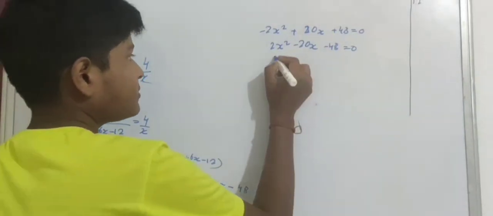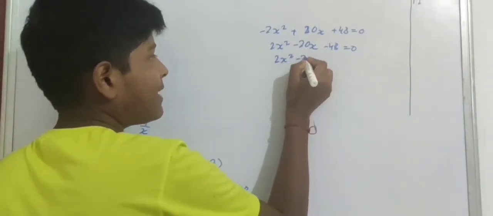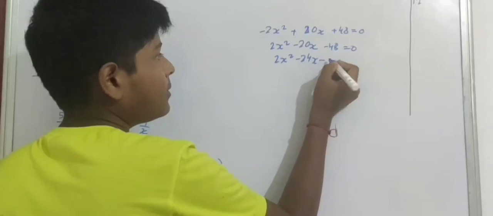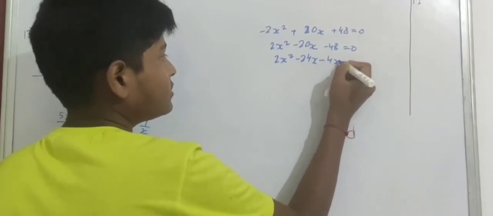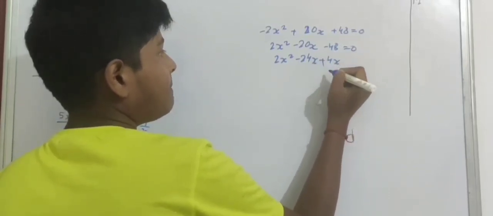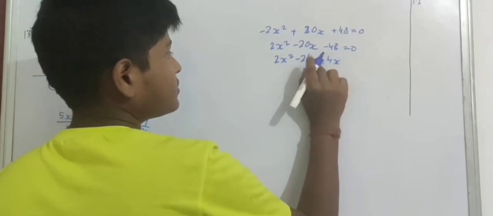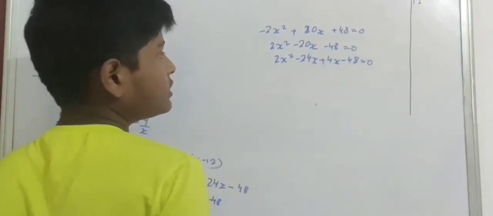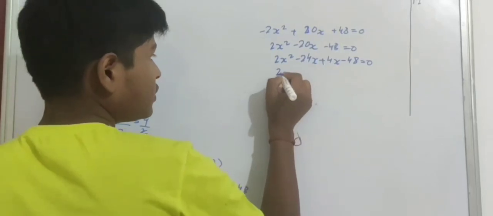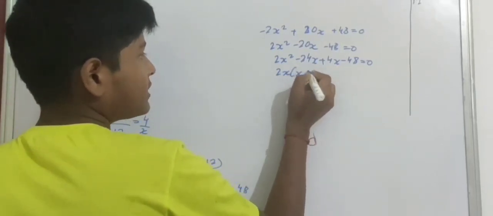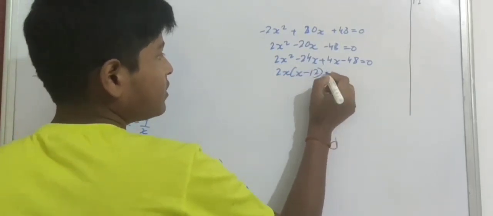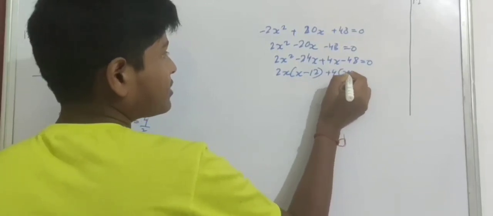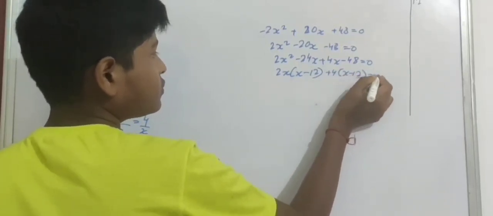So now we have to break this term, minus 20x. So it will be minus 24x plus 4x minus 48 is equals to 0. So here 2x will be out, x minus 12 plus 4, x minus 12 is equals to 0.